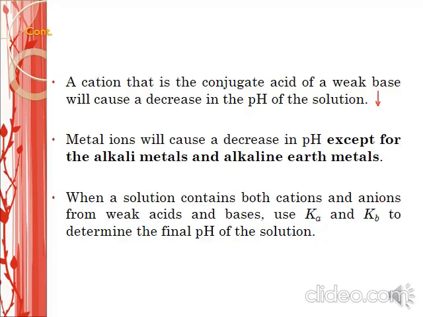Metal ions will cause a decrease in pH, except the alkali metals and alkaline earth metals, group 1 and group 2. And if a solution contains both cation and anion from a weak acid and base, we use Ka and Kb to determine the final pH of the solution.